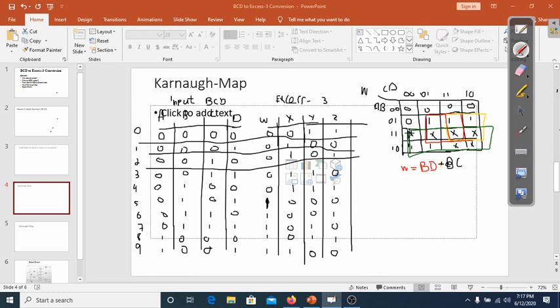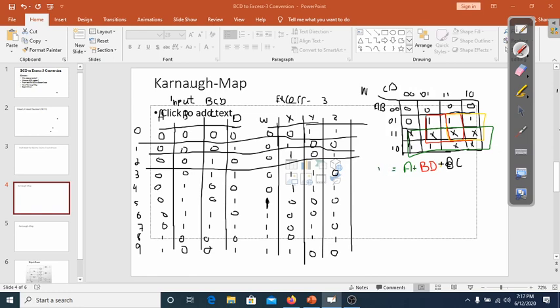By simplifying this whole row, B plus B prime will cancel out, so I will get A. So the simplified expression, I can write it as A plus BC plus BD.